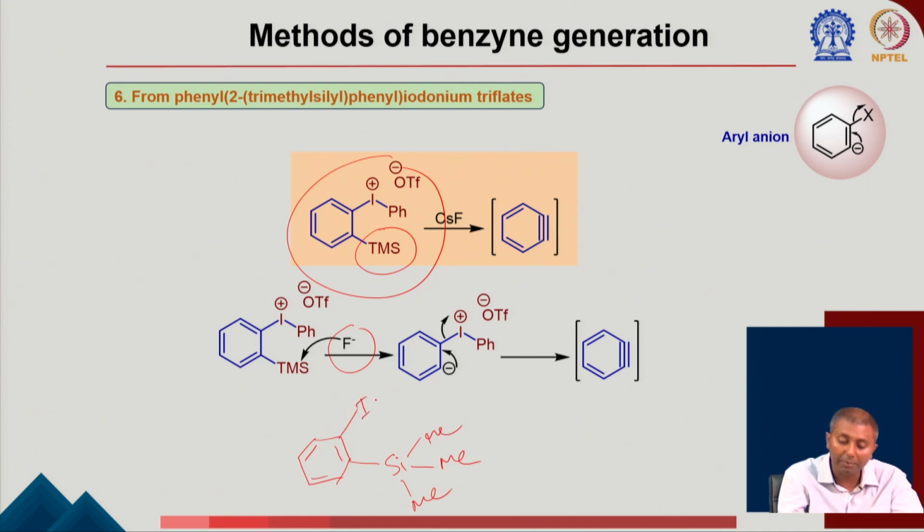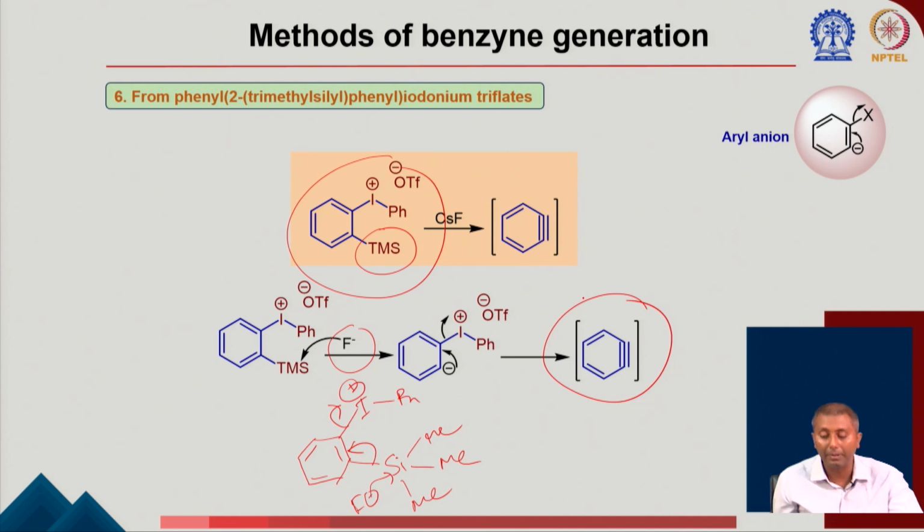As the silicon has a vacant d orbital, you will see that the F minus is going to attack on the silicon, and the silicon-fluorine bond is one of the stronger bonds you are going to see. Now it is going to form this penta-coordinated anionic complex, and then what is going to happen? It is going to break this bond, and it is going to get out as iodobenzene to form the corresponding benzyne in place of cesium fluoride.